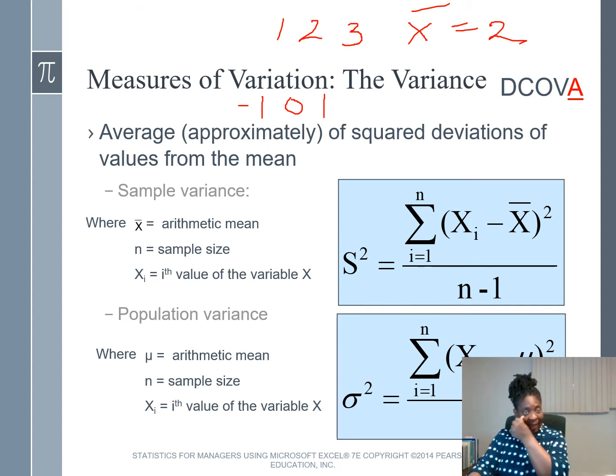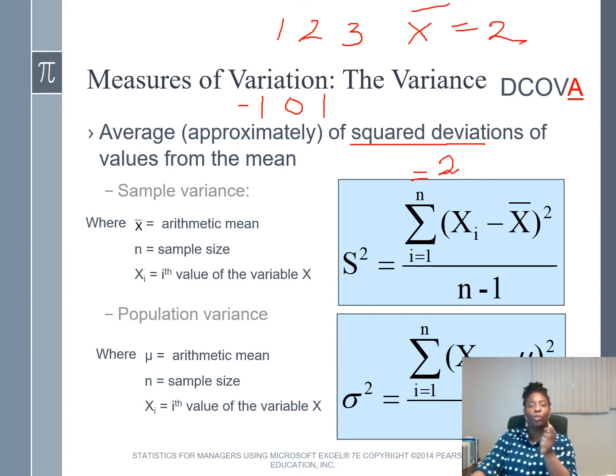Again, I said the variance is the average of squared deviations from the mean. So we've got the deviations from the mean. We need to square that. The square of minus 1 is 1. 0 is 0. 1 is 1. So 1 plus 0 plus 1 is 2. So the sum of the squared deviations right here is equal to 2.